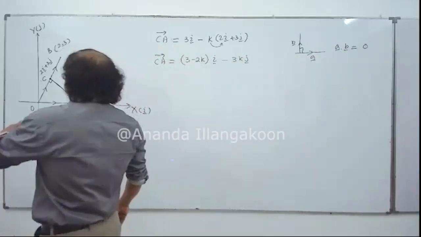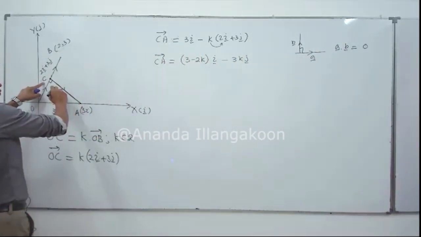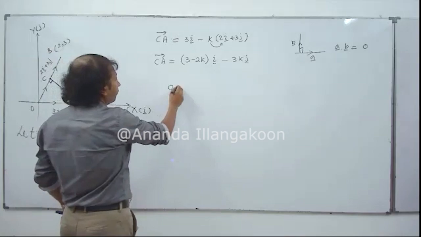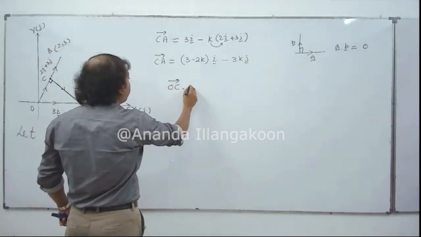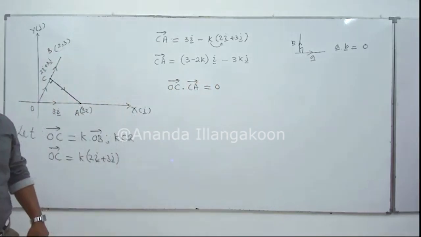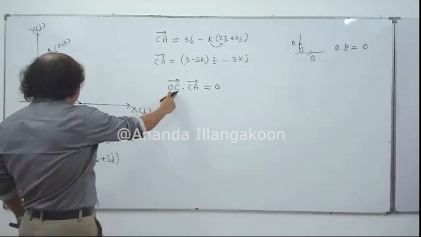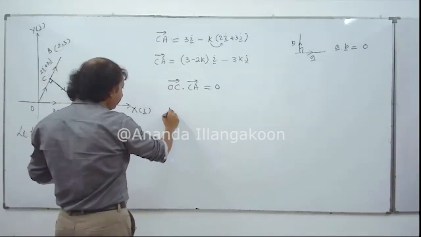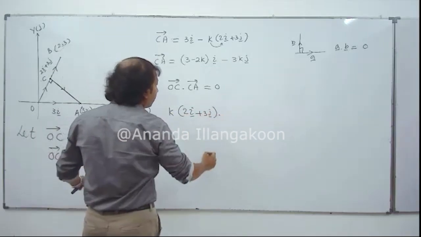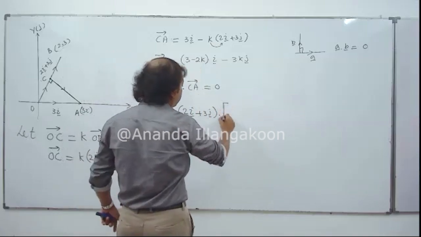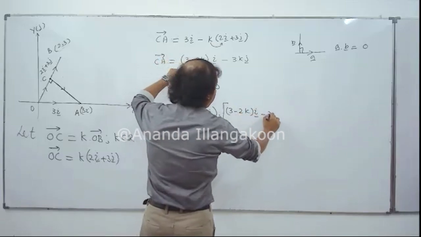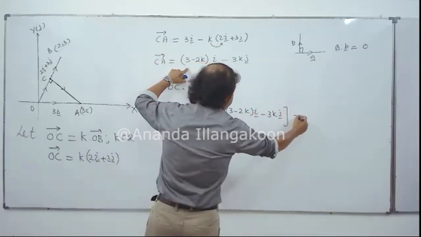Like that, OC and CA are perpendicular vectors, therefore OC dot CA should be equal to 0. OC is k times (2i plus 3j), and CA is (3 minus 2k) i minus 3k j, equals 0.